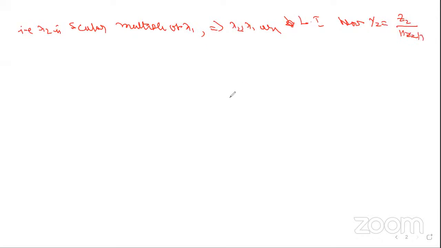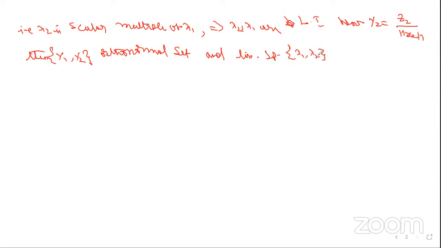Then y1 comma y2 is an orthonormal set, and the linear span of x1 comma x2 equals the linear span of y1 comma y2.